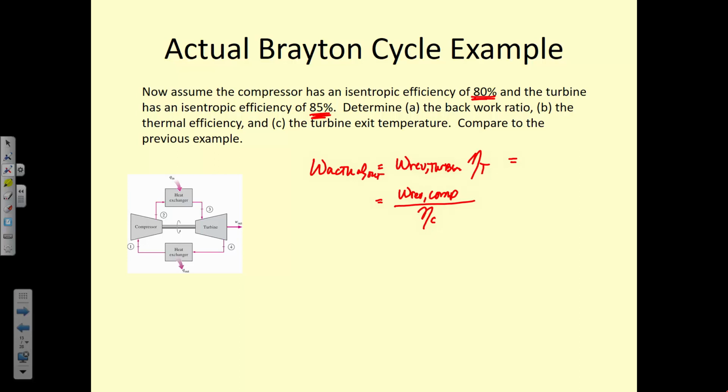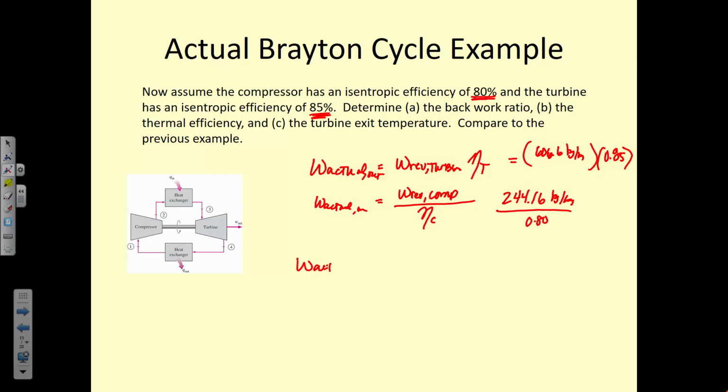So this is work actual out, work actual in. So we have 606.6 kilojoules per kilogram multiplied by 0.85, and 244.16 kilojoules per kilogram divided by 0.82.